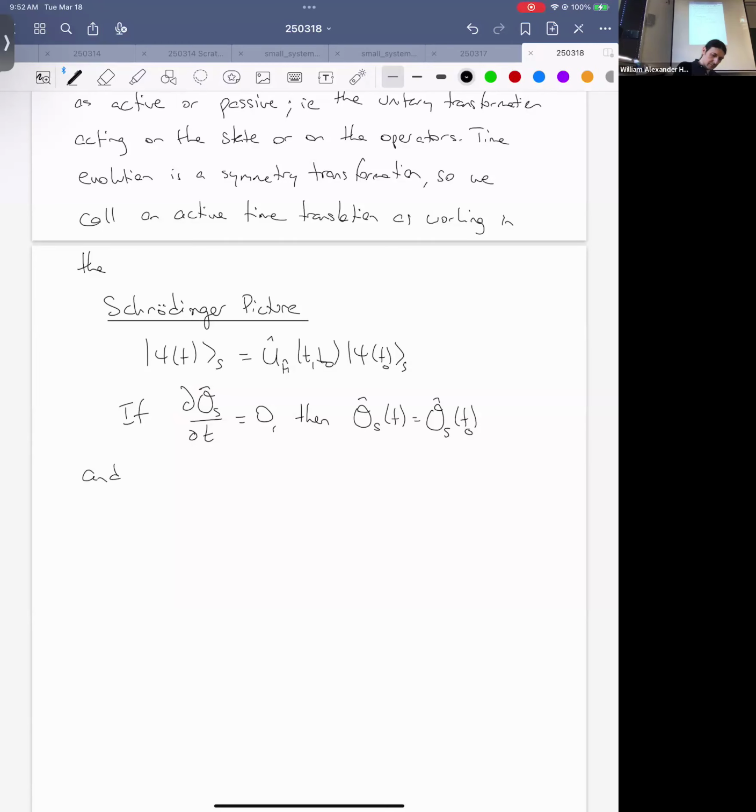And we call a passive time translation as working in the Heisenberg picture.